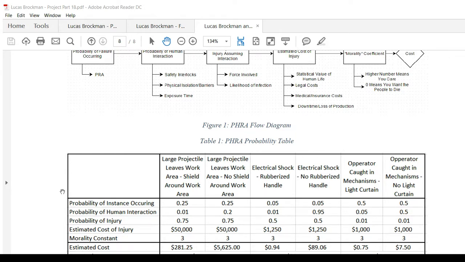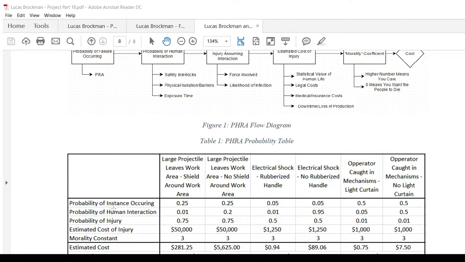And then next, the estimated cost of the injury. So for the large projectile leaves the work area, we assigned a $50,000 medical bill. We based that off of a family member who had a severe laceration that could have happened on the lathe. For the electrical shock, $1,250, basically an ER visit plus maybe a couple of follow-ups. The operator caught in mechanisms, that's probably just stitches, so basic ER visit, $1,000.